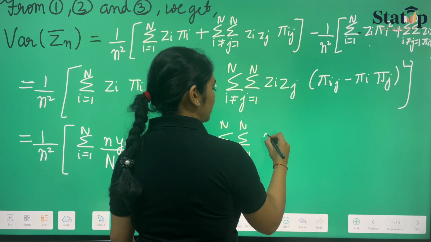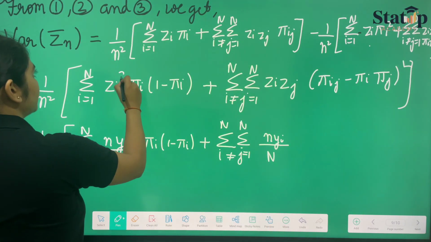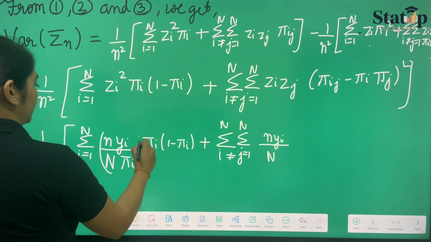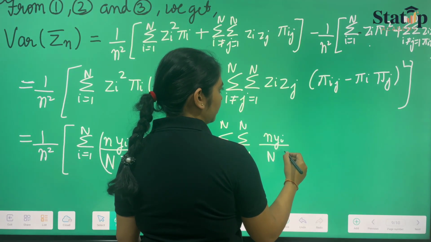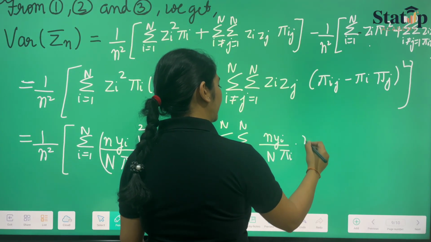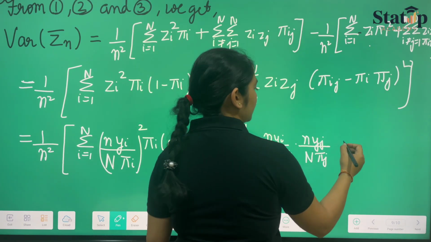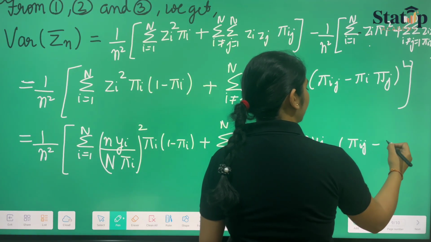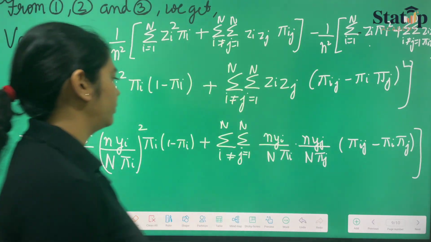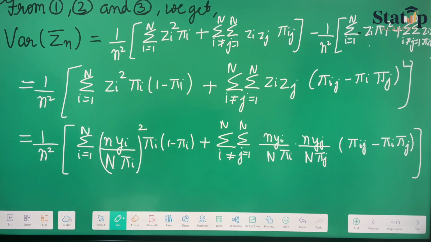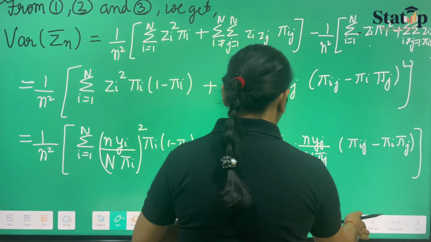Zi was n yi upon capital N, and it was zi square here, so it will also become square, upon capital N into πi into n yj upon capital N into πj, into (πij minus πi πj). This is the whole term. Okay, we'll take it on the next slide.